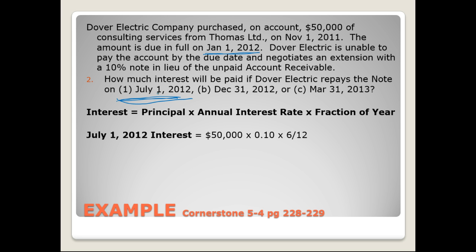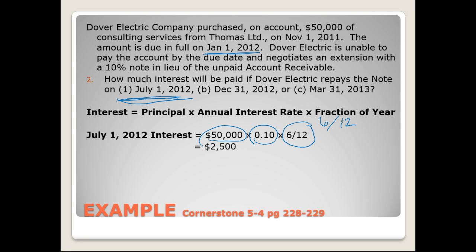So if it was paid back on July 1st, 2012, the interest would have been principal amount of $50,000 times a 10% interest rate. Remember, 10% is written as 0.10 times 6 divided by 12. That's 6 months it was outstanding out of 12 months in the year. That means it would have been $2,500 of interest.